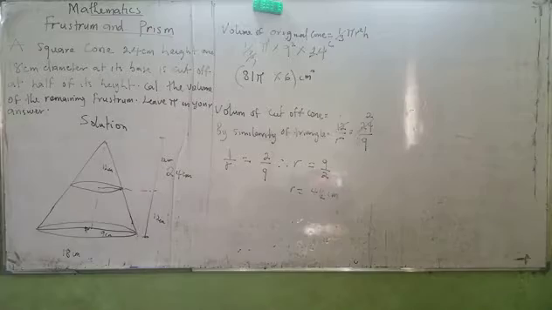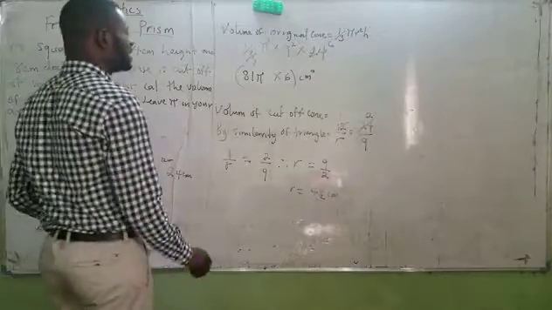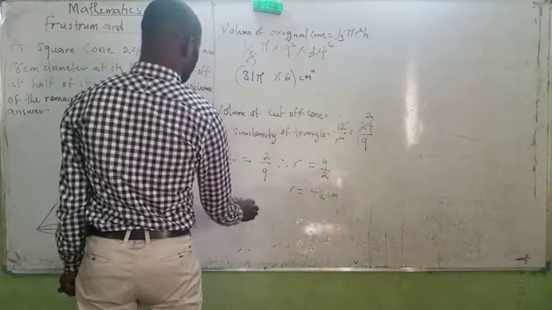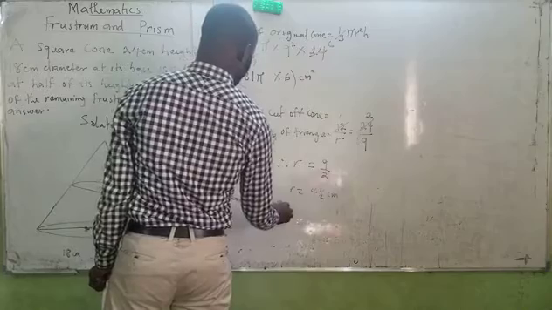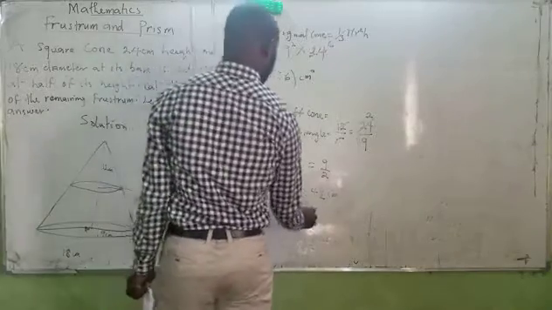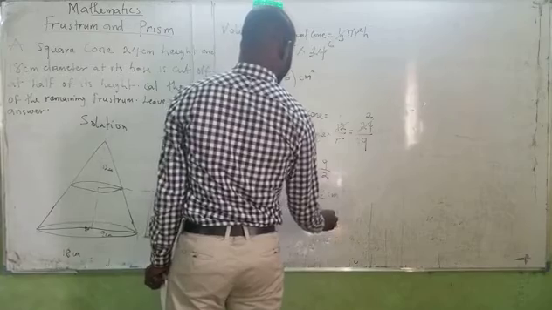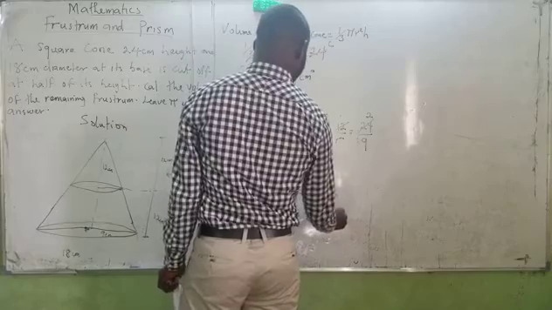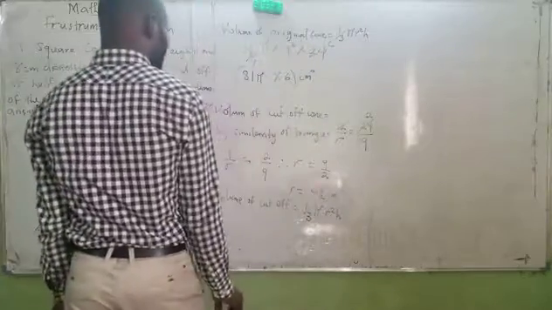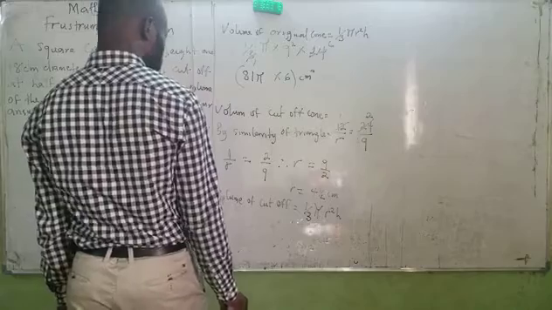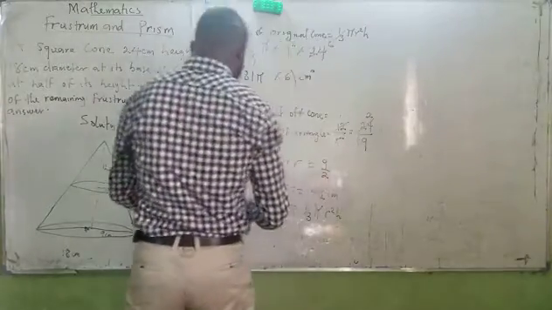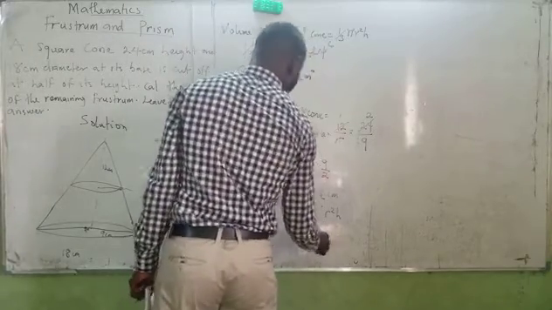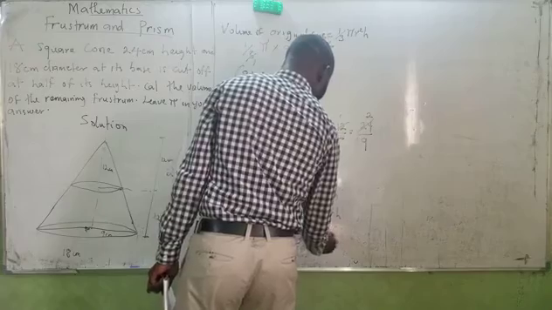Now, I want to find the volume of this particular area. It means the volume of the cutoff will be equal to 1/3 multiplied by pi r squared h. I'll be having 1/3 pi. My r will be 9 over 2 squared.